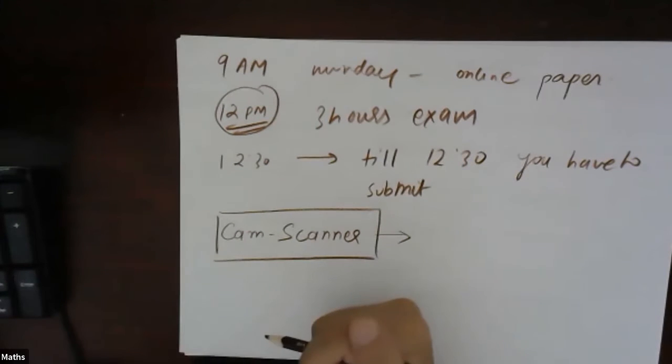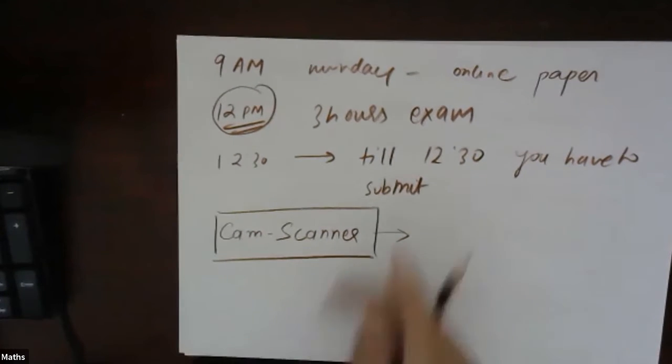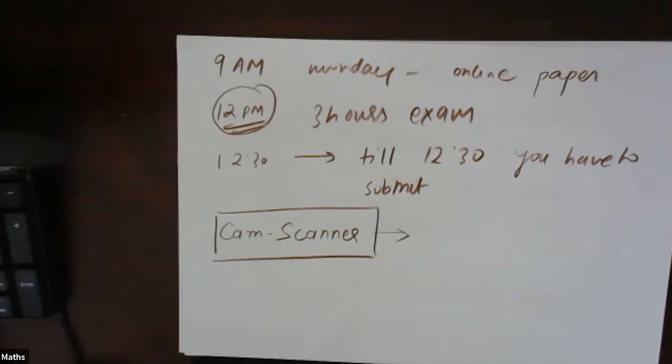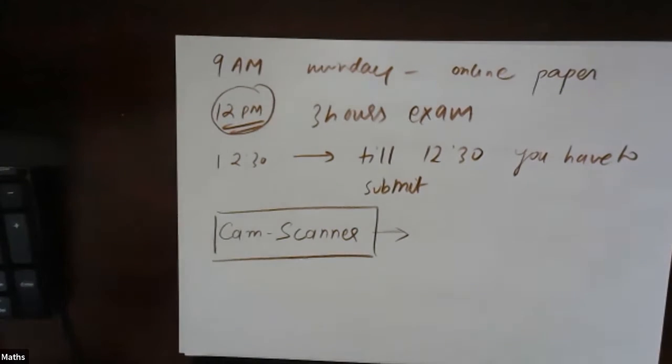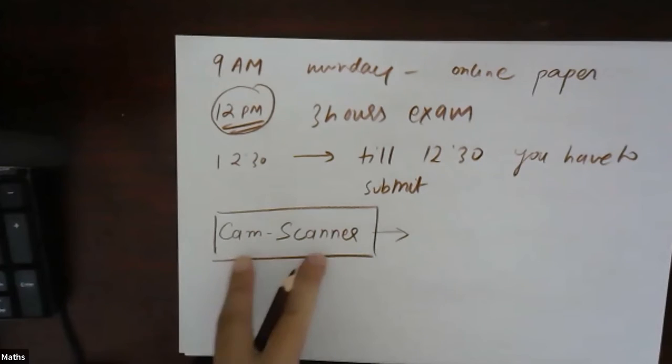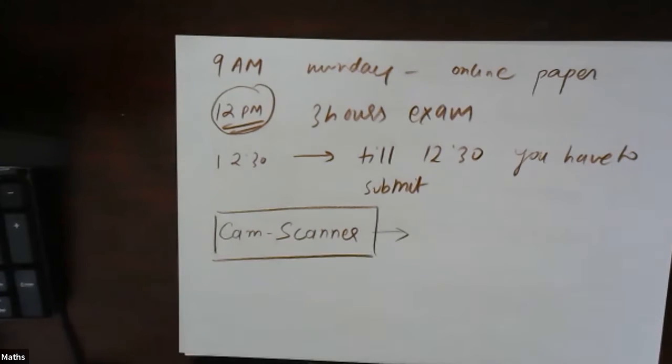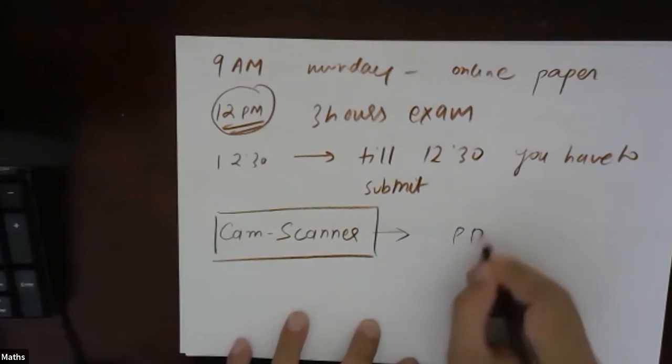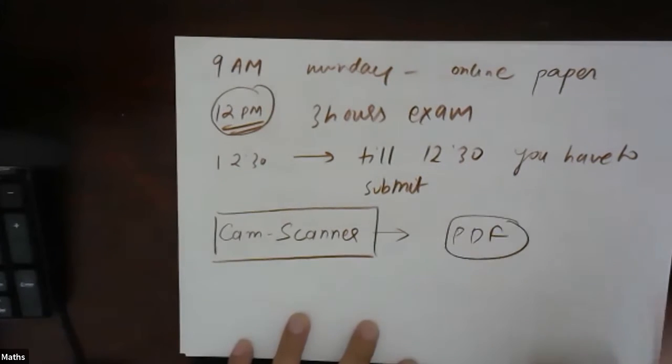You can take the pic one after the other, and it will automatically adjust everything and convert it into PDF. Just take the snap using Cam Scanner, download it as a PDF and upload it. The uploading site will be given. Then submit it.